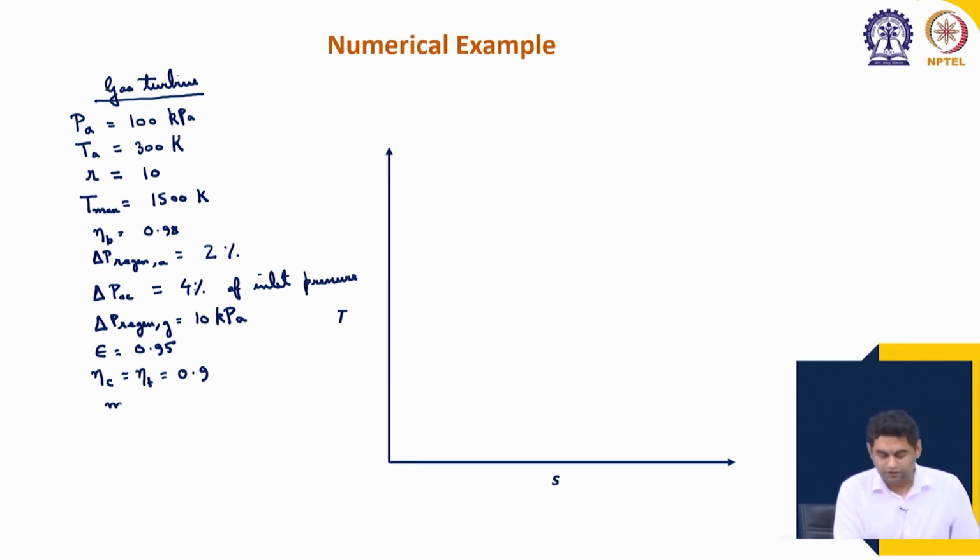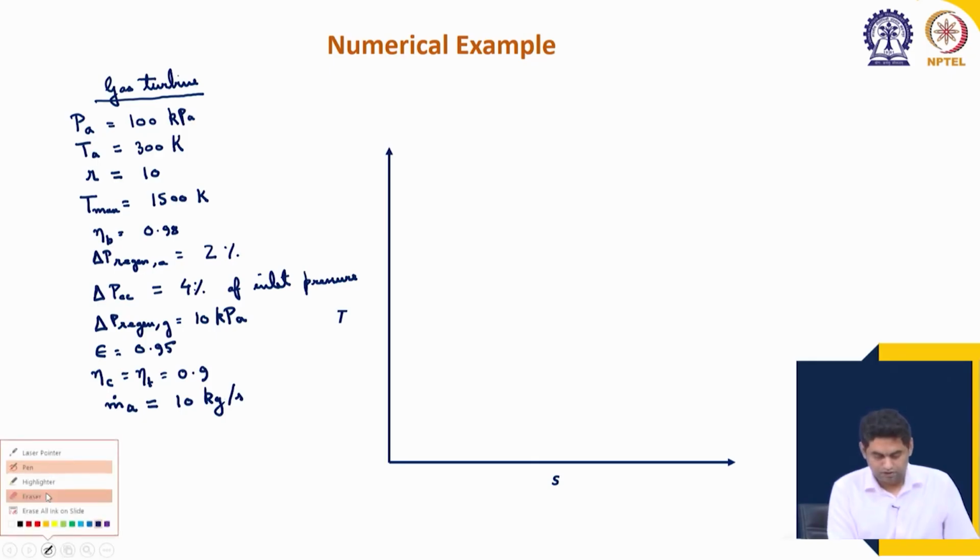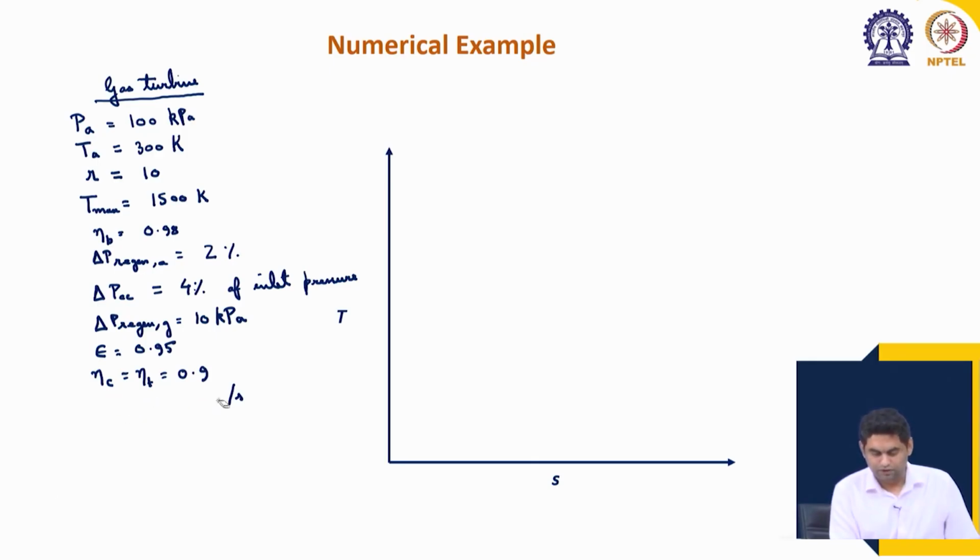Along with this, it is also stated that the mass flow rate of air through this gas turbine at the intake is 10 kg per second. Sorry, this is not given; we will need to find the mass flow rate.